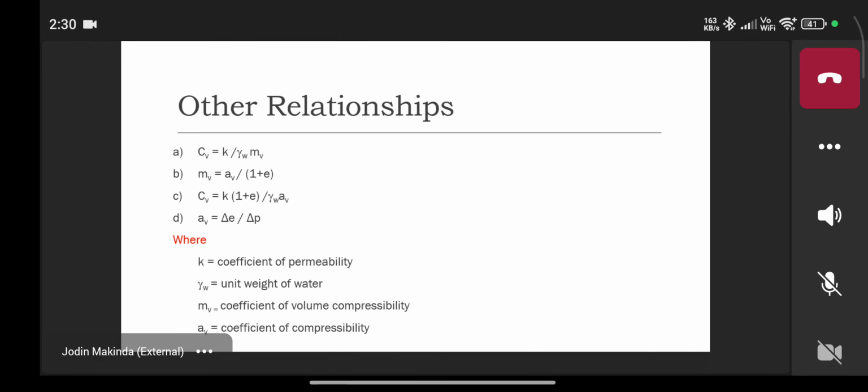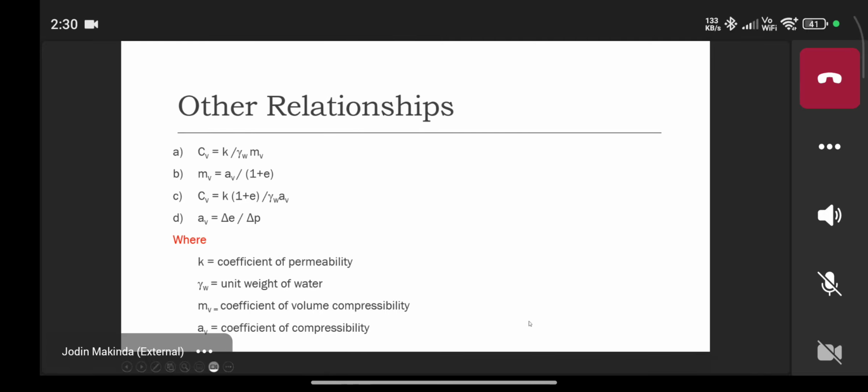What happened to the layer of clay when the load is applied? Yeah, of course, there is the consolidation and settlement. And of course, through this equation, we learn how to predict, how to calculate the total settlement.